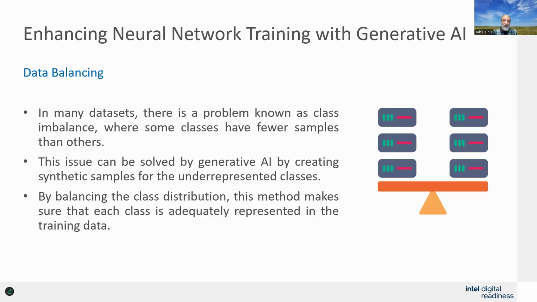So, and this is kind of interesting. It says in many data sets, there's a problem known as class imbalance, where some classes have fewer samples than others. So for example, if I want to see how a snowplow performs, I probably have lots of data for when there's like 2 inches or 6 inches or 4 inches of snow, but I probably don't have a lot of data for when there's 20 inches of snow, unless I live in like Alaska or something, right?